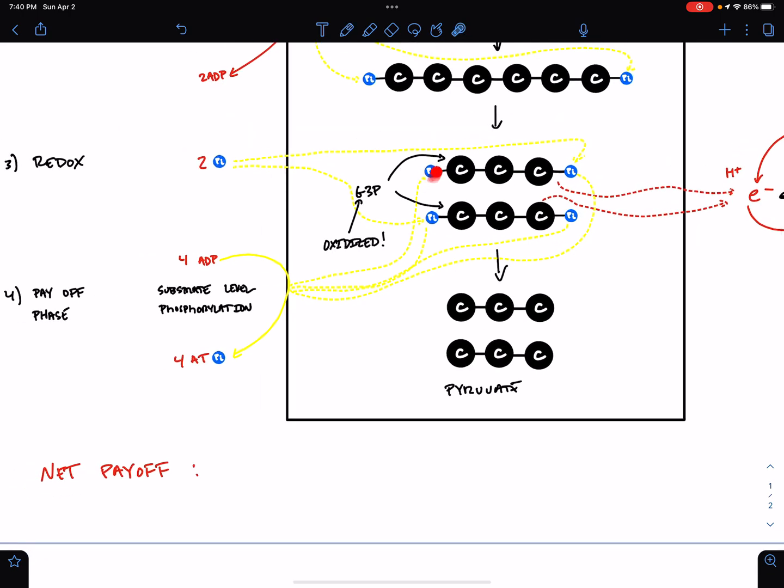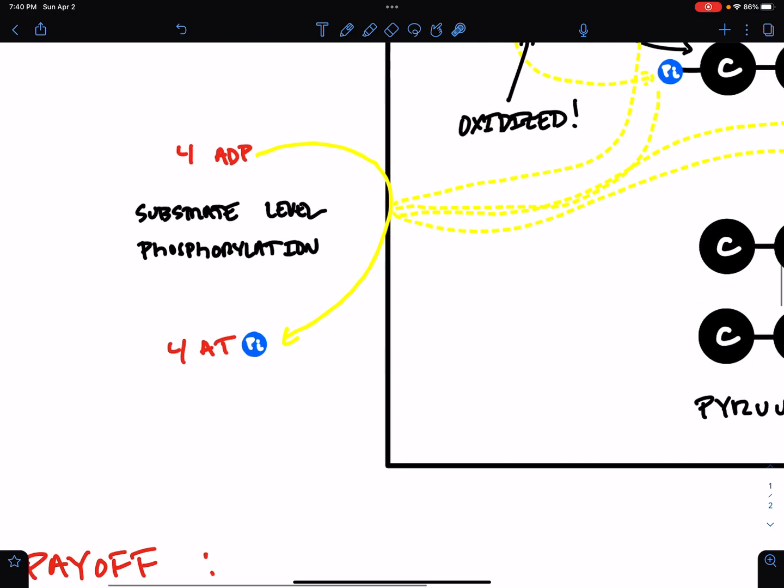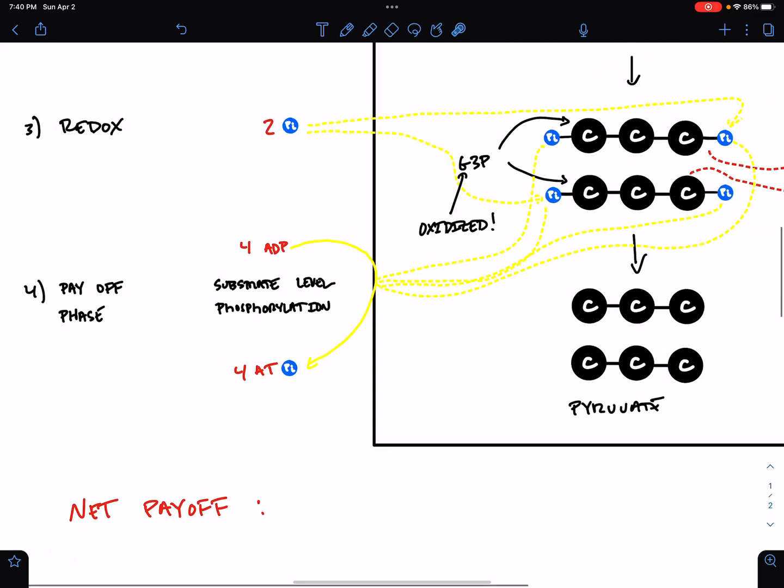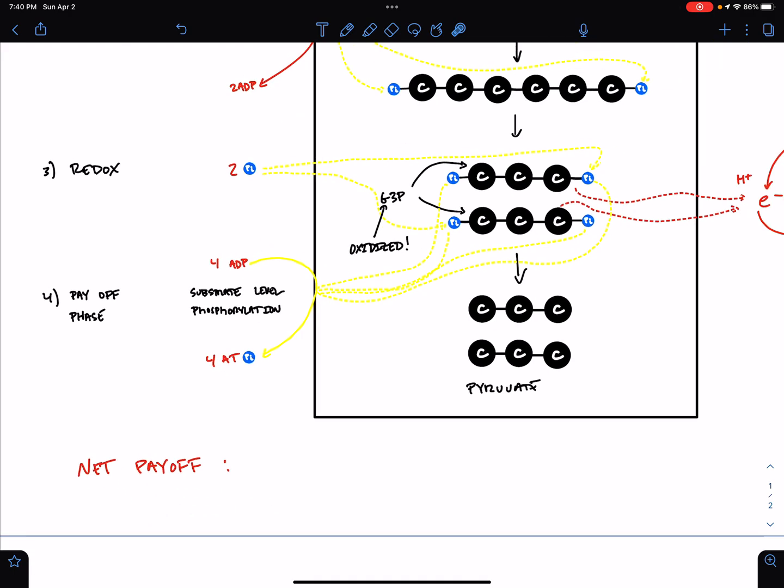So we're pulling off the phosphate groups that are directly attached to this molecule, and we're adding them to ADP to make 4 ATP. That's called substrate level phosphorylation, because this is getting phosphorylated. We're adding a phosphate group to it, and it's substrate level because it's happening at the level of our substrate. There's going to be an enzyme that binds to G3P and does this.